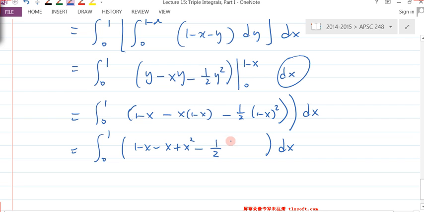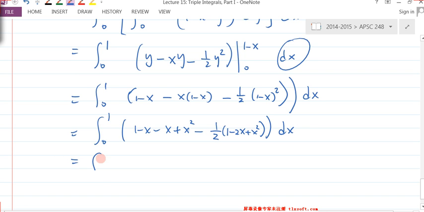And 1 half, well, I guess I'm going to have to expand this now. This is 1 minus 2x plus x squared. Tell me if I'm making a mistake here, okay? So what do we have? Y minus 2x plus x squared minus 1 half plus x minus 1 half x squared.